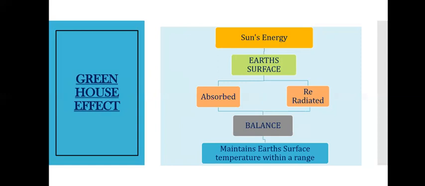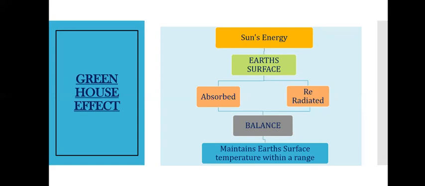Now, part of it is going to be absorbed, and some part of it is re-radiated. So the amount of energy which is absorbed is coming from the sun reaching the earth's surface, and the amount of energy which is re-radiated means it is going from the earth's surface back into space.